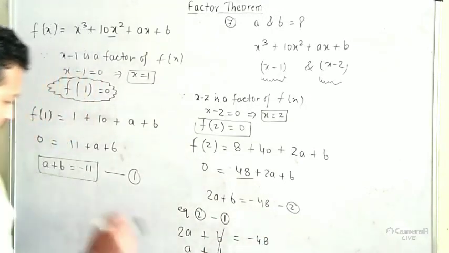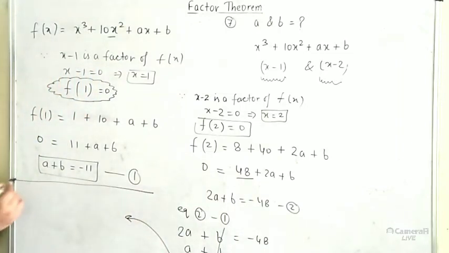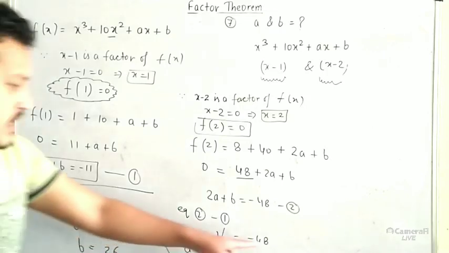Substitute the value of a in equation number first: minus 37 plus b is equal to minus 11, so b is equal to minus 11 plus 37, so b is equal to 26.